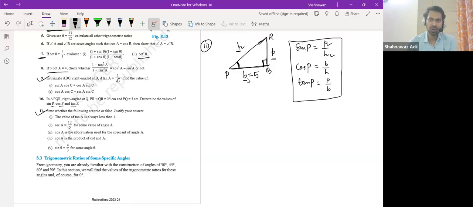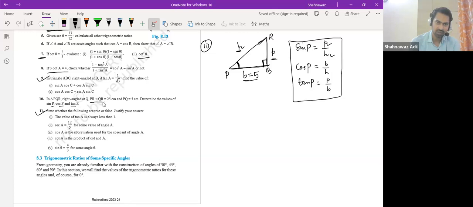Because we know this base is 5. And what do we know about this right angle triangle and about the perpendicular, hypotenuse, and base? Harshit? Sir, perpendicular is not given. Yeah, perpendicular is not given.